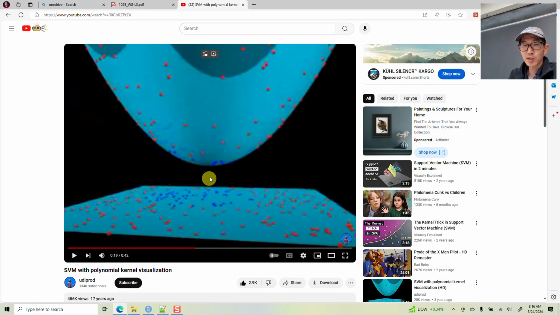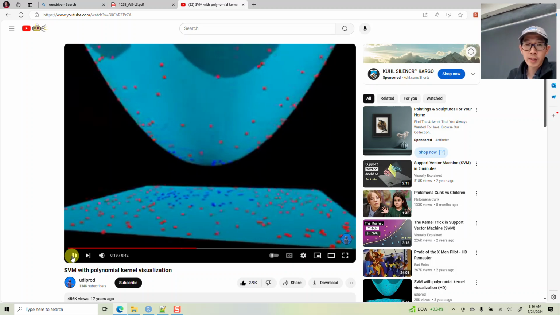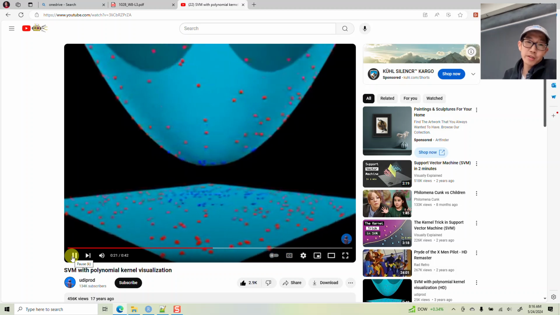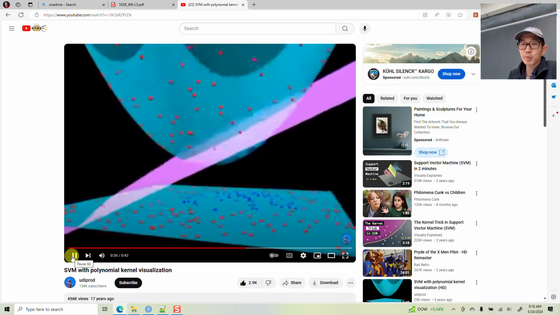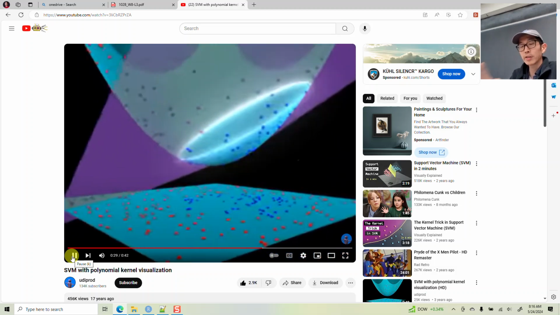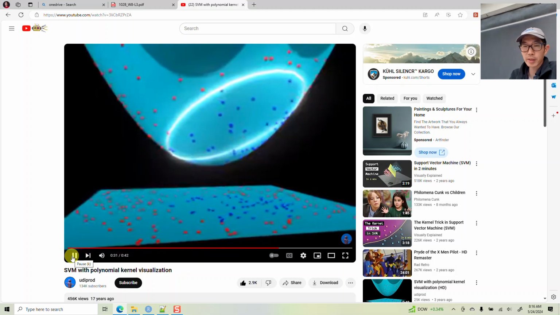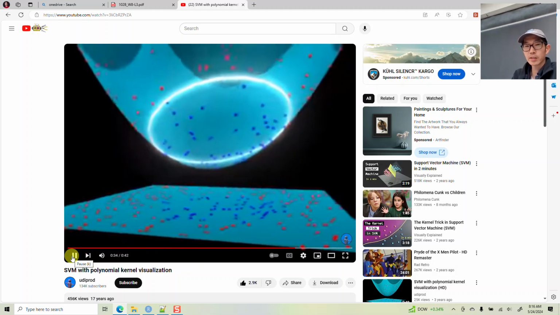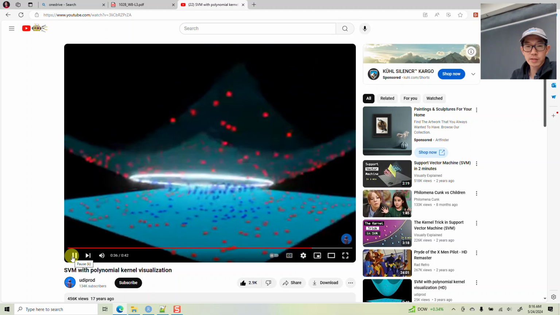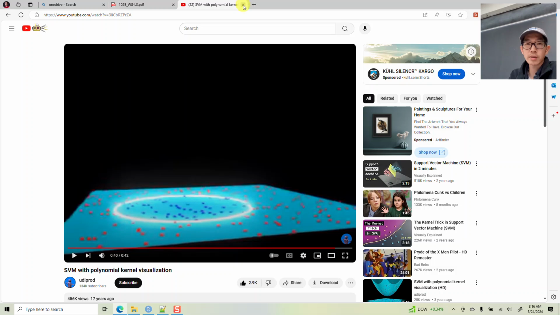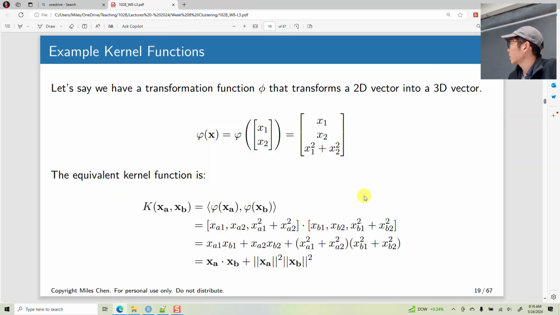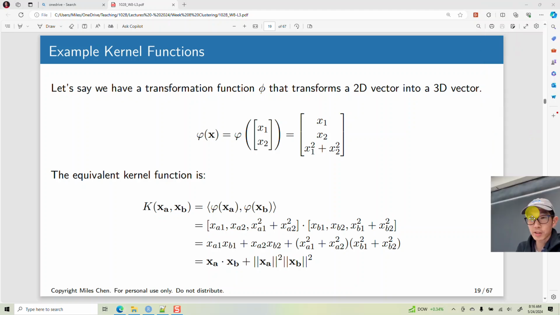The blue dots get projected up, and the points farther from the origin get projected even higher. And then in SVM, you can now draw a linear boundary. In 3 dimensions, that would be a plane. So now you have this boundary that separates the blue from the red. That's the kernel trick applied to SVM.